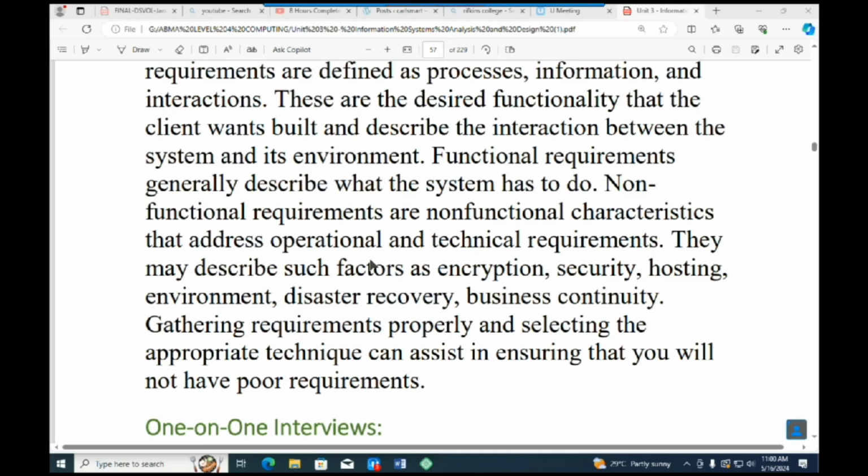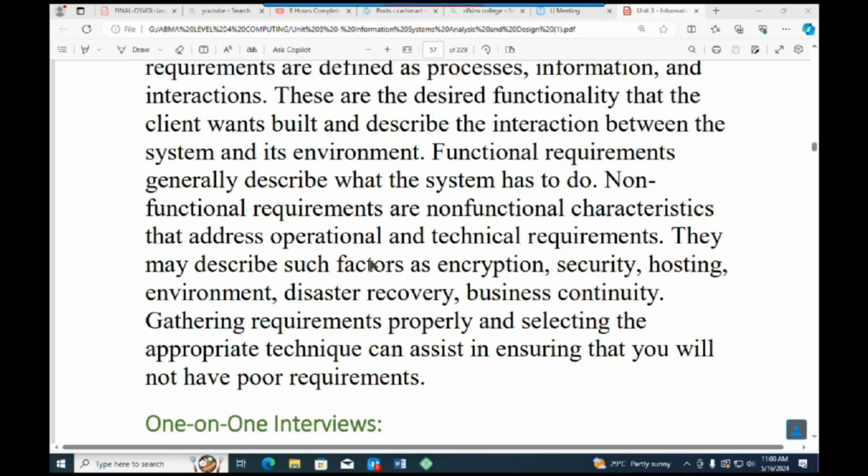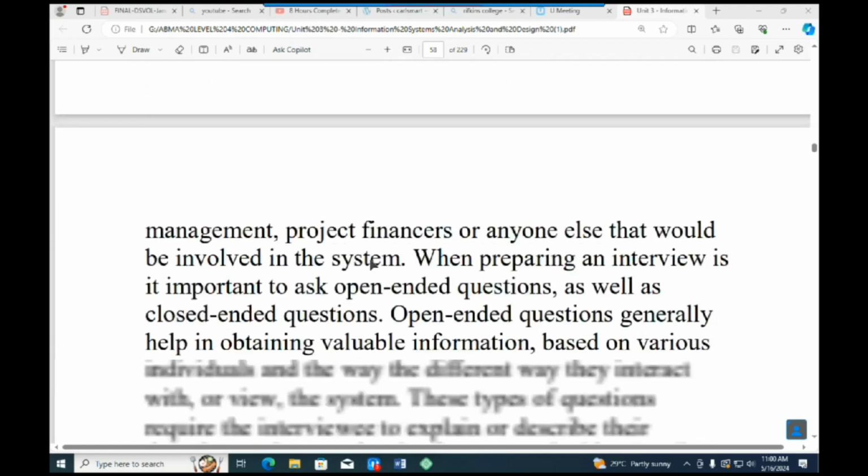Poor requirements are normally a result of poor gathering of the requirements and poor selection of the requirement gathering technique. So there are various requirements gathering techniques, ranging from interviews.